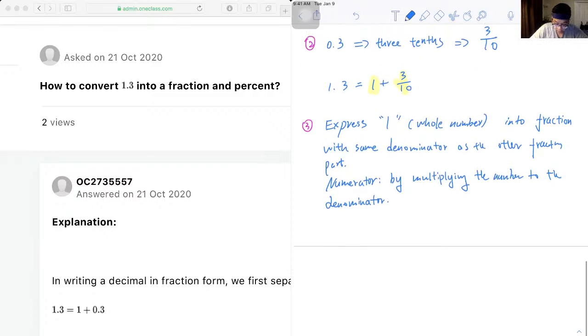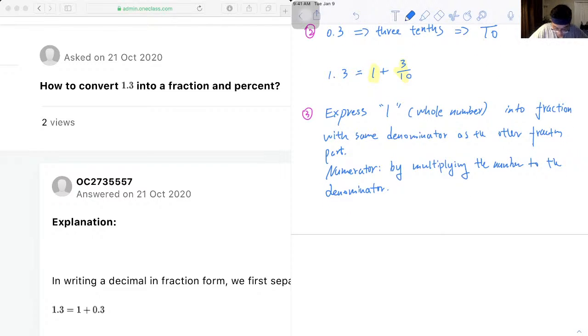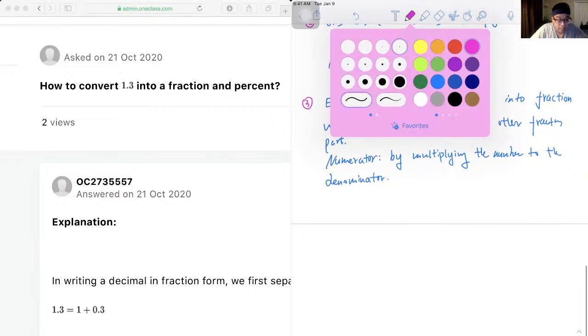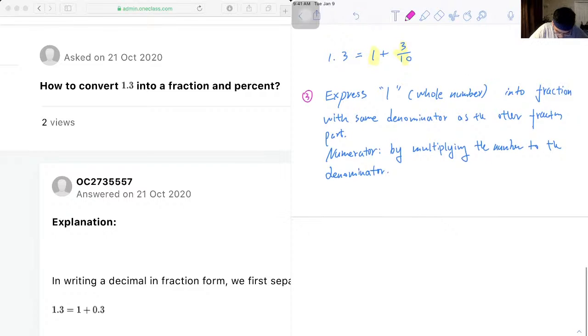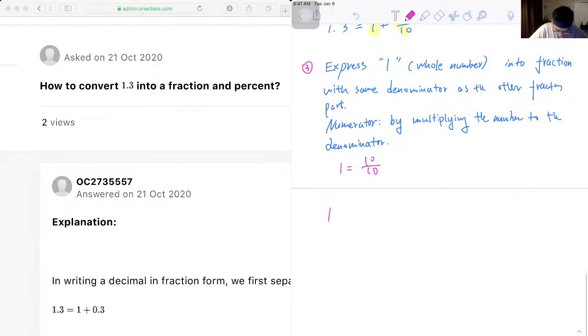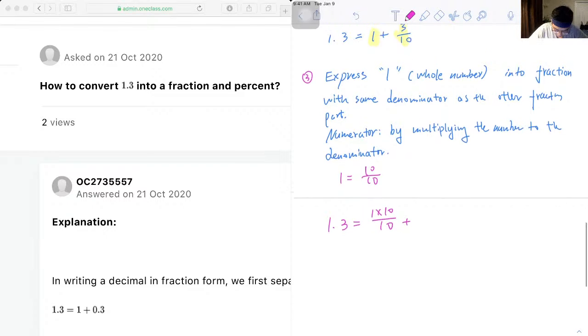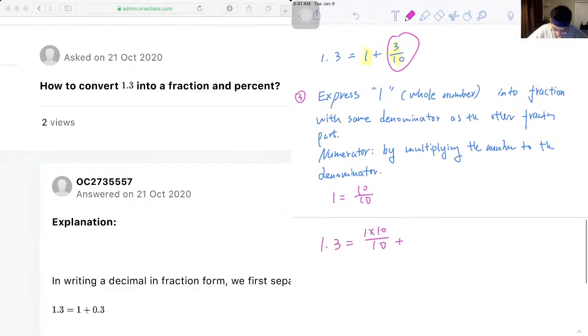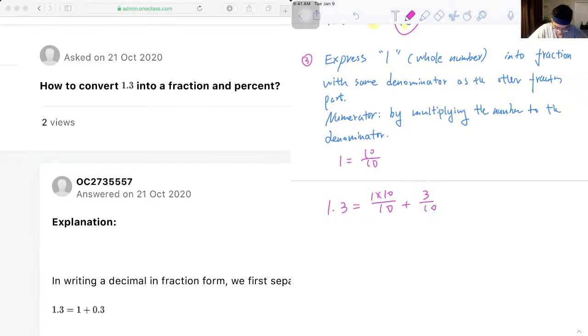Okay, so in our case, the other fraction is 3/10, so we want to convert 1 into something over 10, and we know that 1 is just equal to 10/10. So we can rewrite our equation as 1.3 is equal to 1 times 10/10 plus the other part, which is 3/10. So we have 10/10 plus 3/10.